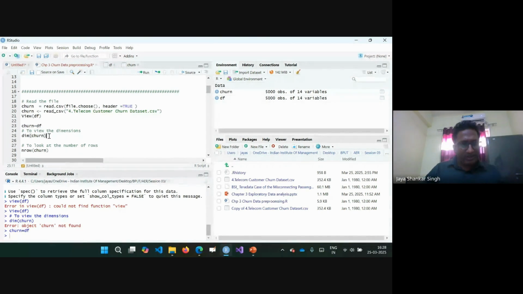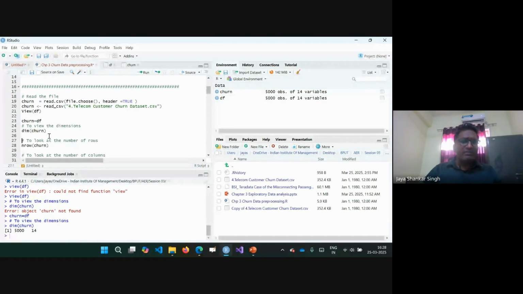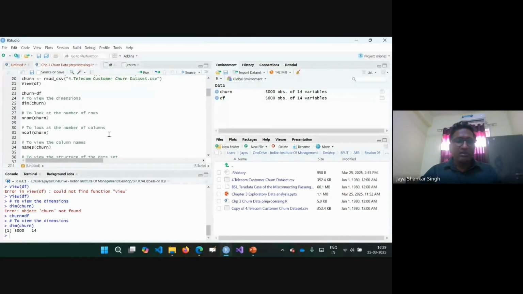Now if I run dim on churn, it will give me the complete dimension of this particular data file. Like I have 5,000 observations and 14 fields. That is what this particular function is doing. Now, if I'm trying to understand or look at the number of columns, these kinds of functions are very common for exploratory research.